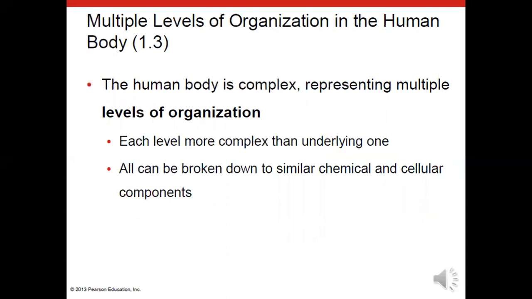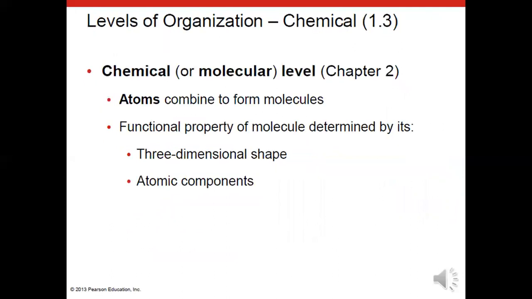Each level is more complex than the underlying one, and all of it can be broken down to a chemical component. That chemical component at the smallest level of you, think about what you're made up of. Atoms create molecules, and these molecules form three-dimensional shapes from the anatomic components that become functional units inside cells.